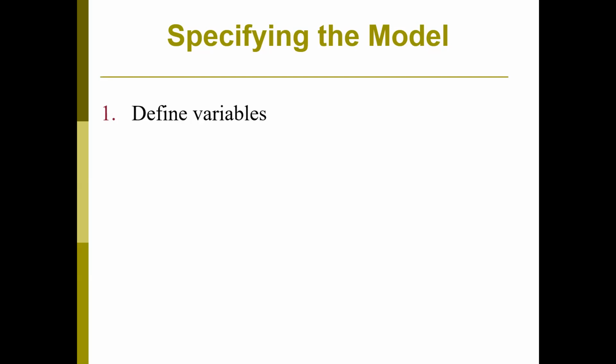Of course, I need to define variables. If I'm working on regression modeling, I need to know what is going to be my predictor variable and what is going to be my response variable. In a situation where I'm working on a simple linear regression, I need to specify one response and one predictor variable.